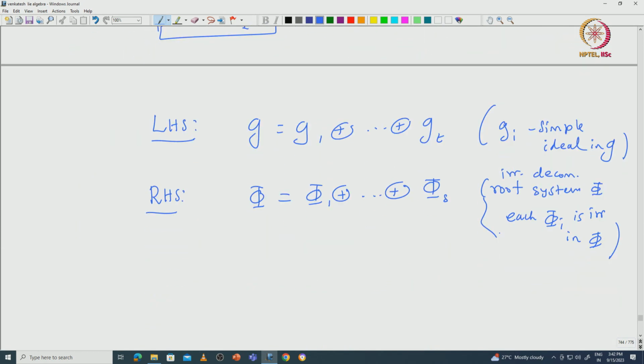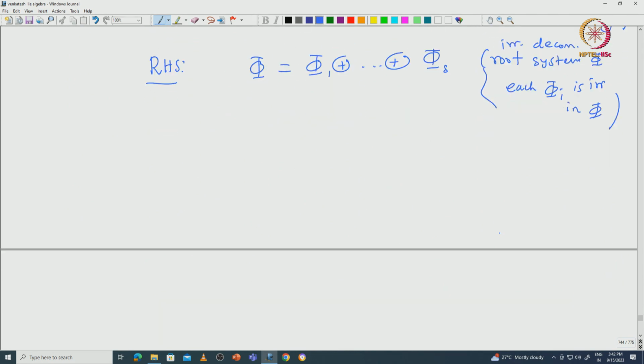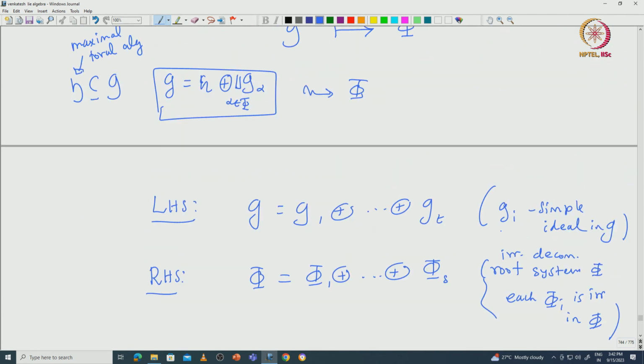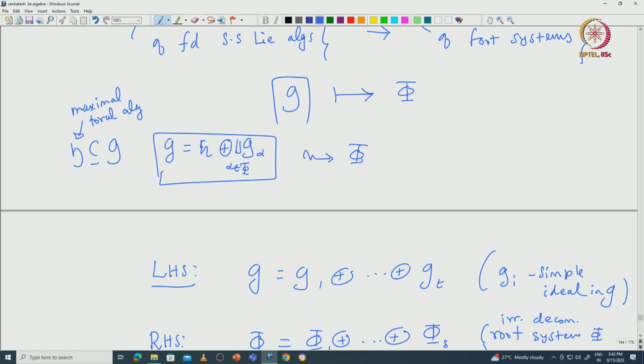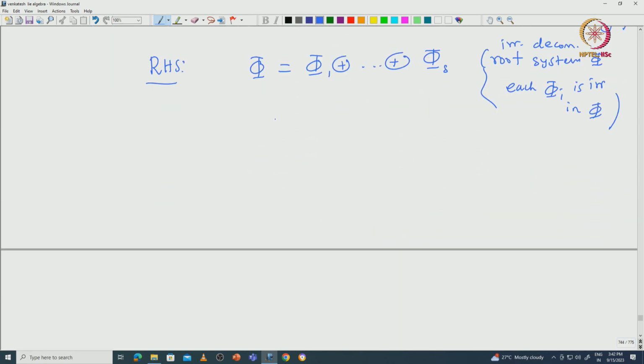It's easy to guess what one expects. If you start with a simple ideal decomposition of G, that should correspond to the irreducible decomposition of phi. So basically, what we want to prove, again a theorem but an easy one, is this.